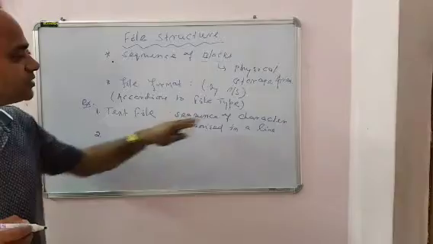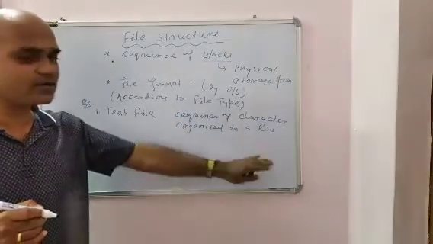So this text file contains a sequence of lines, and a line contains a sequence of characters.